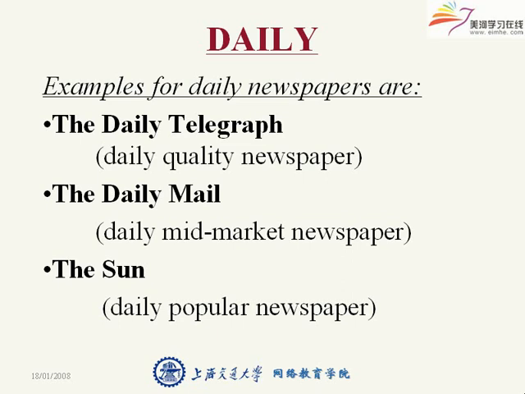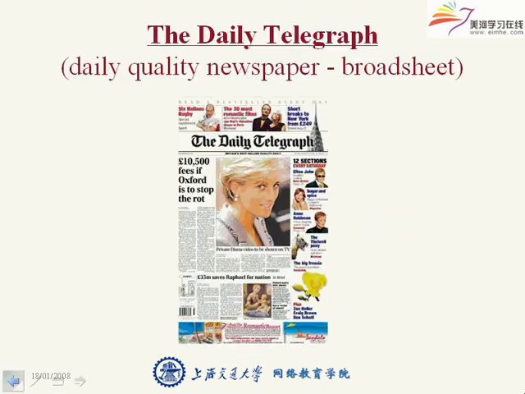Okay, and this is an example for the Daily Telegraph. I got this picture from the internet. What you see here is, of course, pictures, because that's what you see first when you walk by the newspaper stand. But you can see it also has a lot of writing. And that is from the front page. You can already tell whether you have a quality newspaper or a non-quality newspaper.